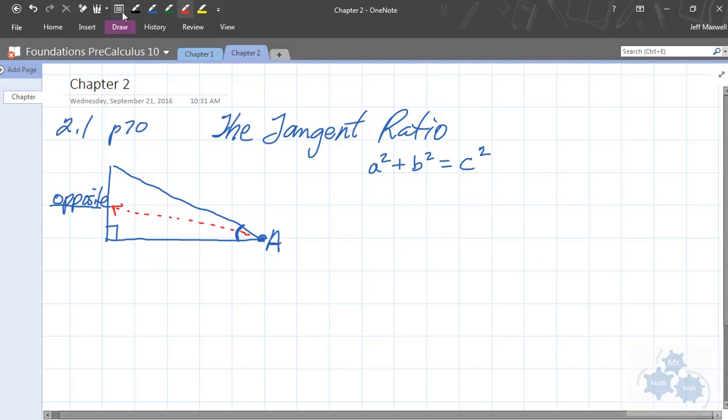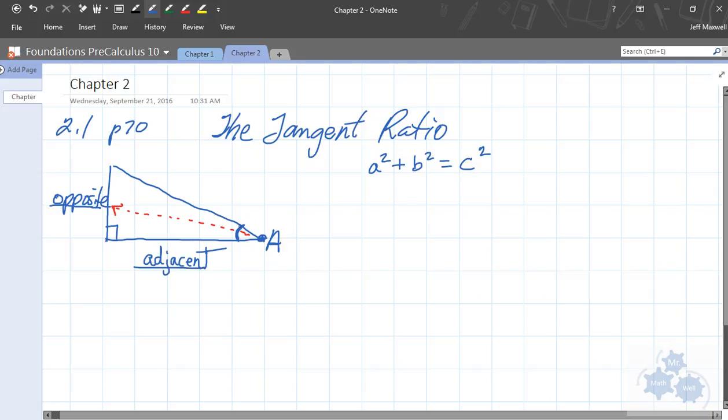Now, the word you were thinking of is not oblique, but it's close. Adjacent. Yeah. This is the adjacent side. Adjacent is a word that means next to, right next to.